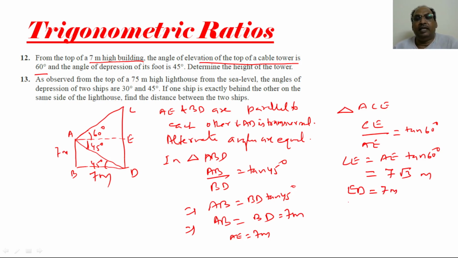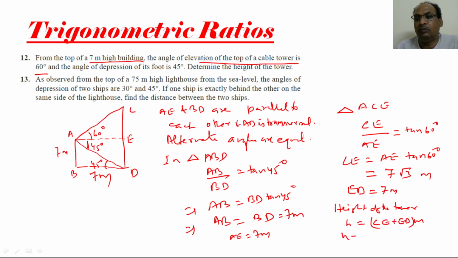We need to find the height of the tower. So height of the tower H is equal to CE plus ED meter.